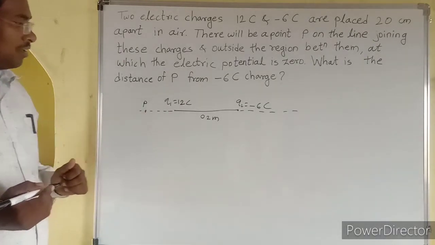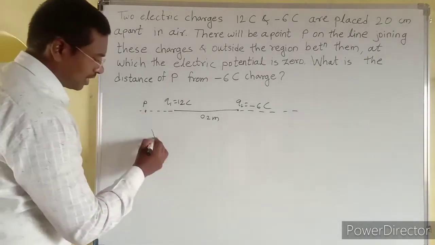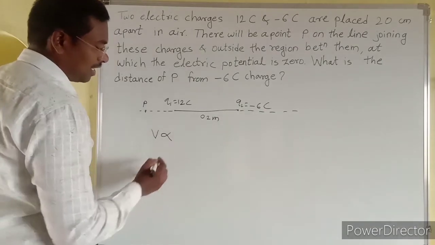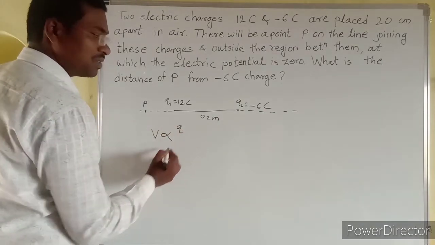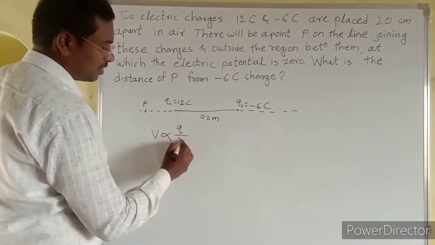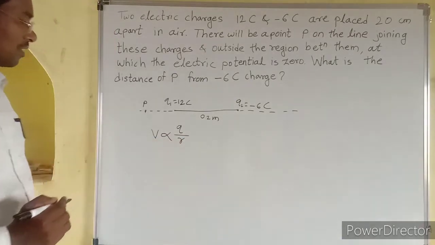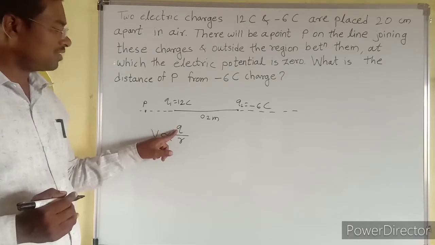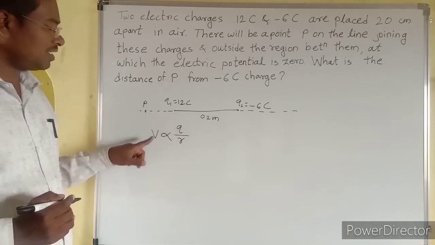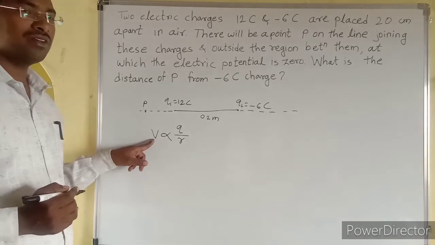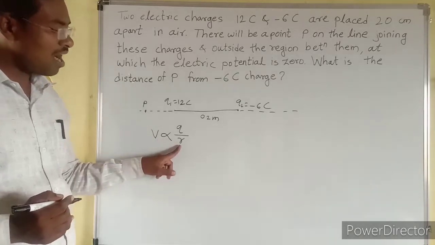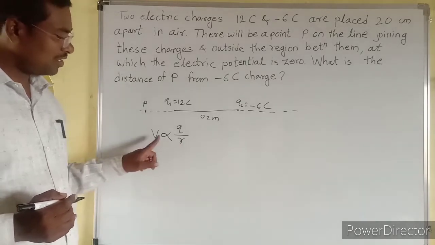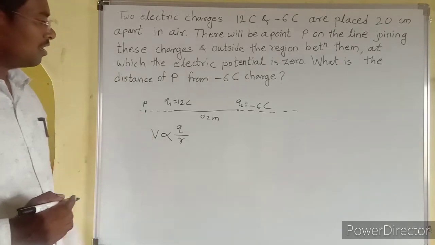We know that electric potential V is directly proportional to the magnitude of charge and inversely proportional to distance. Meaning if the magnitude of charge is large, then potential at point P becomes large, and if R is small, potential is large.